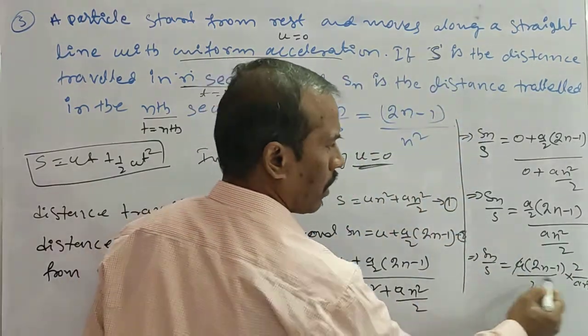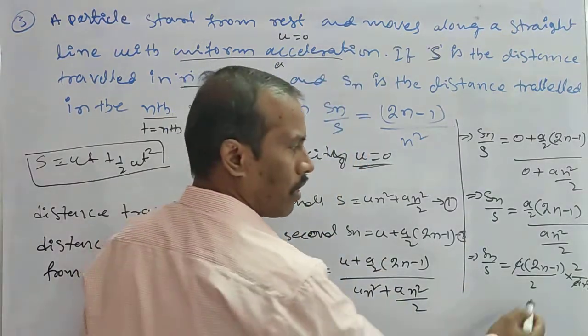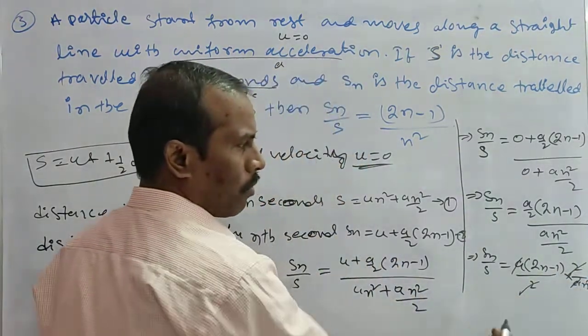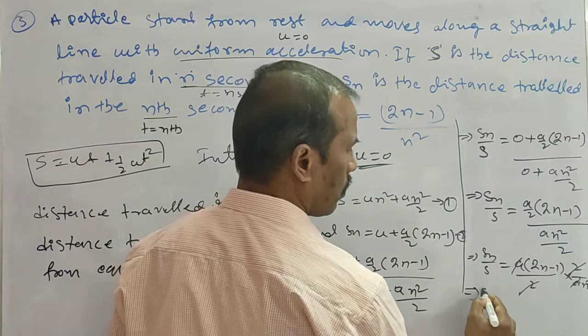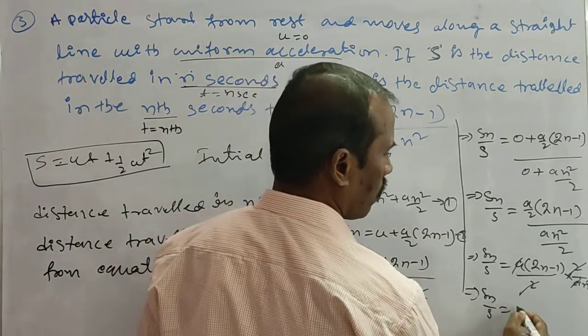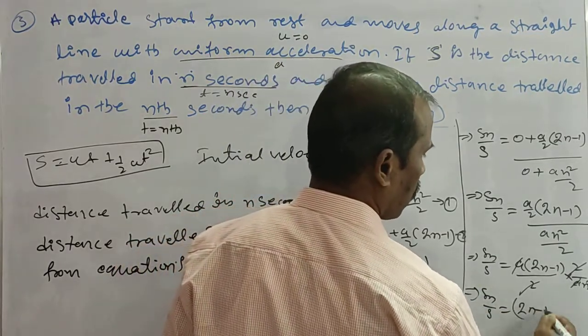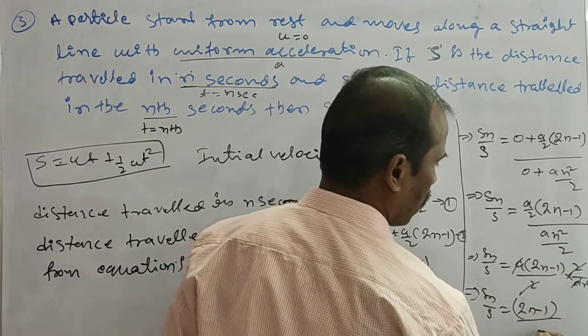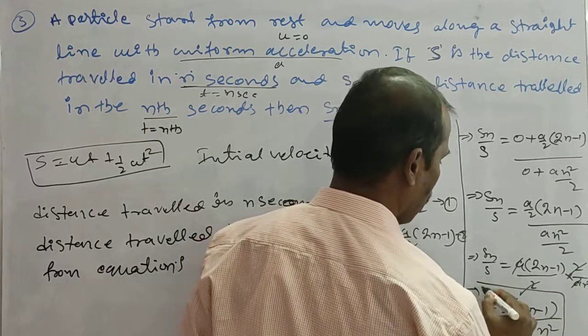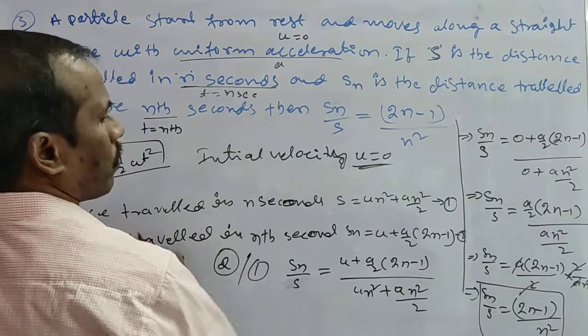Here a gets cancelled and 2 gets cancelled, so remaining Sn by s is equal to 2n minus 1 by n square. This is the final answer.